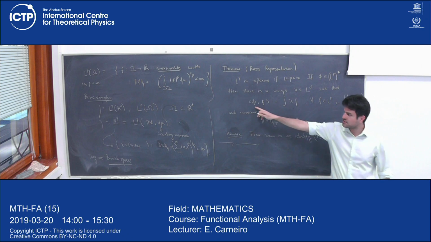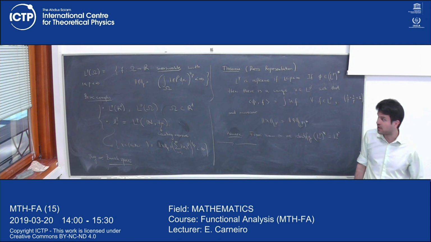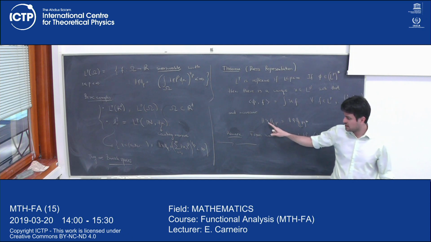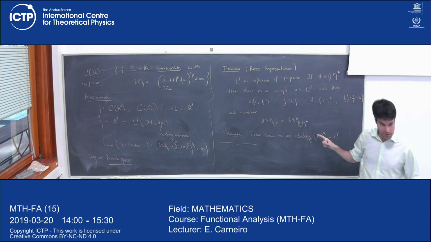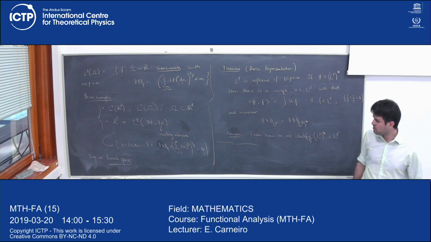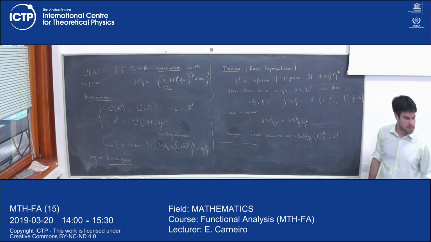So all the functionals can be represented by integrals of f against a function u in L^p'. And moreover, the norm of u in L^p' is actually the norm of phi in the dual space. So from now on, we may identify the dual space of L^p with the space L^p'.